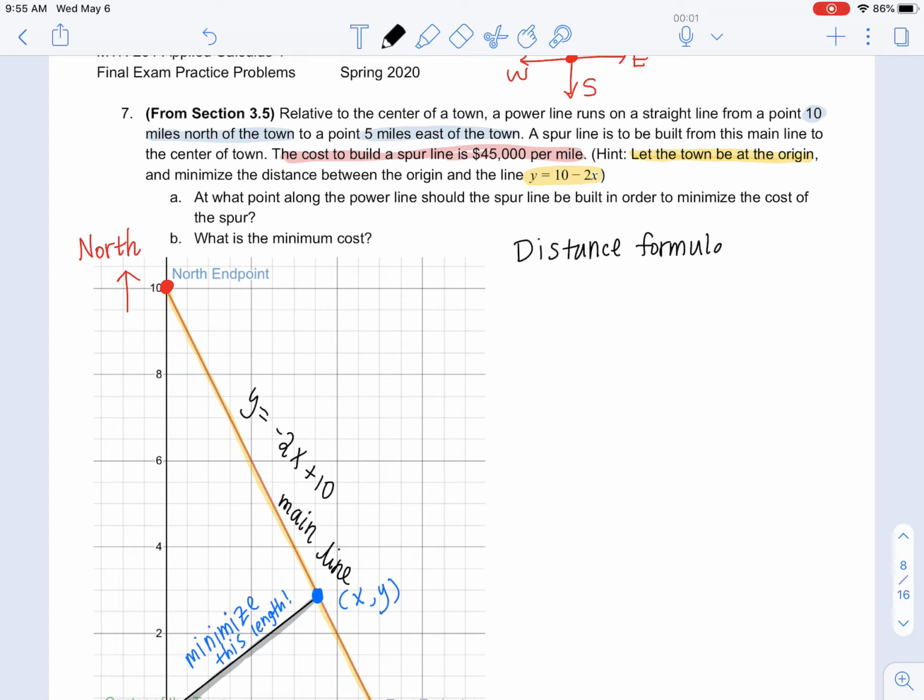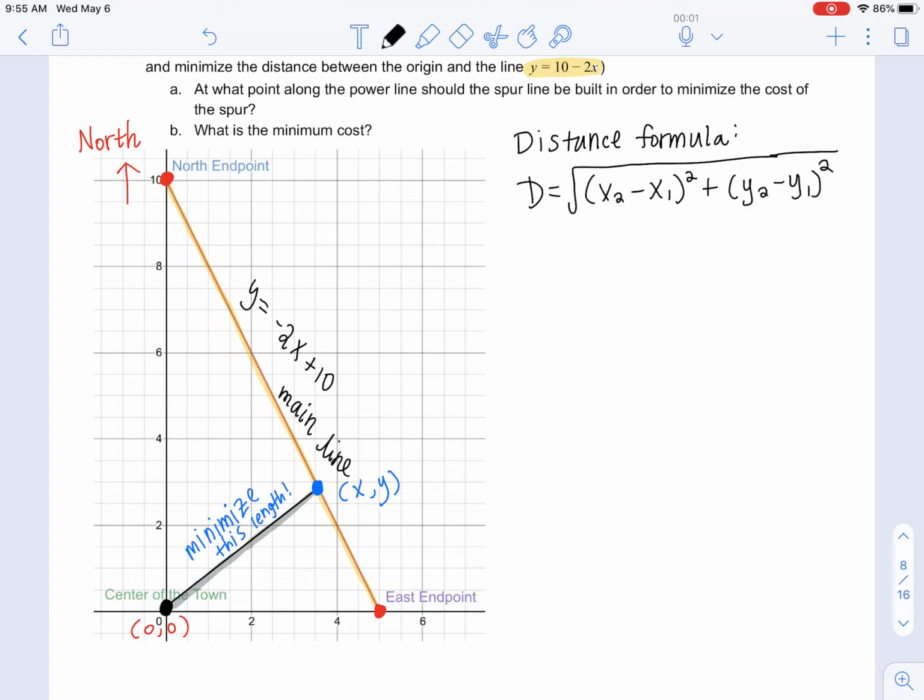Distance formula goes like this: D equals the square root of (x2 minus x1) squared plus (y2 minus y1) squared. You learned this in a geometry class. We're going to use this to find the distance between the center of the town and somewhere on this power line, and we will actually minimize that distance.